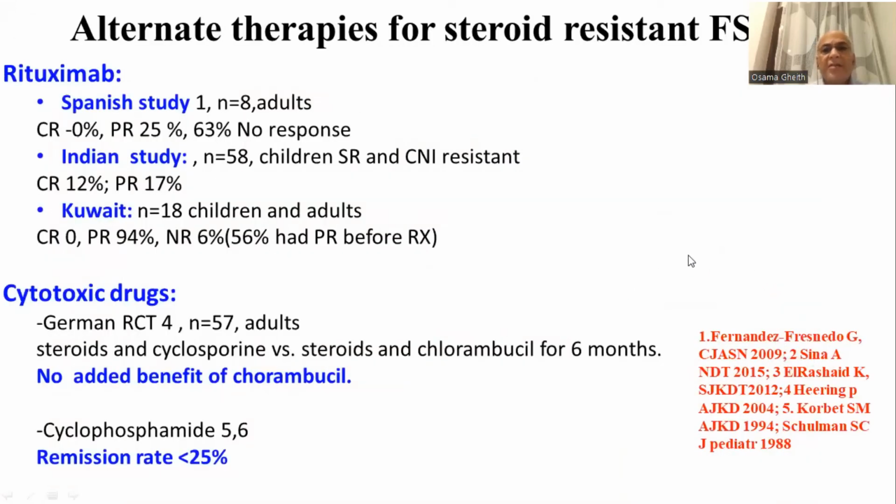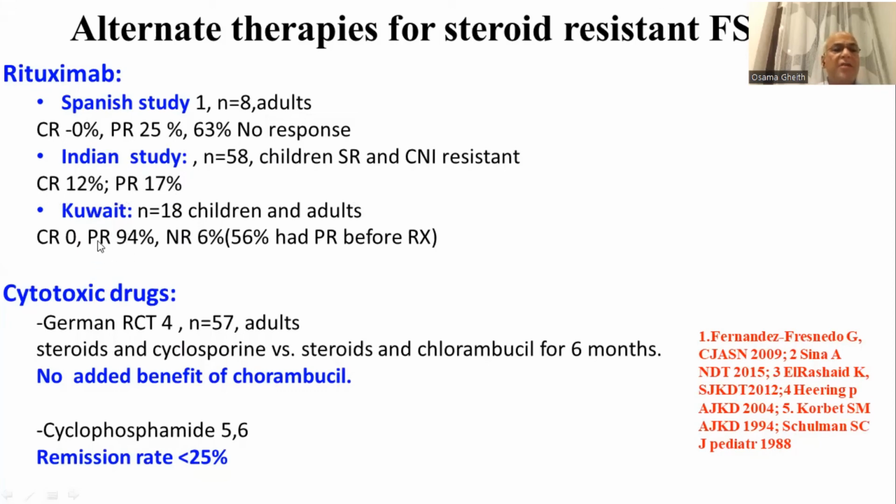Alternate therapy for steroid-resistant FSGS includes rituximab and cytotoxic drugs. Regarding rituximab, there are three trials. The Spanish study included 8 patients with partial response 25% and 63% have no response. The Indian study included 58 patients with steroid and CNI resistant FSGS, with a poor response to rituximab.